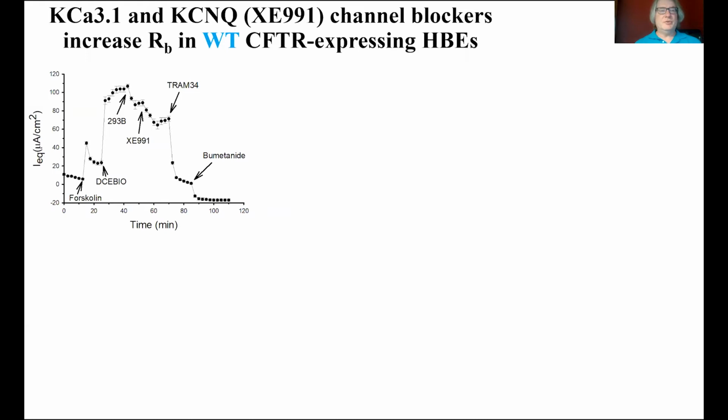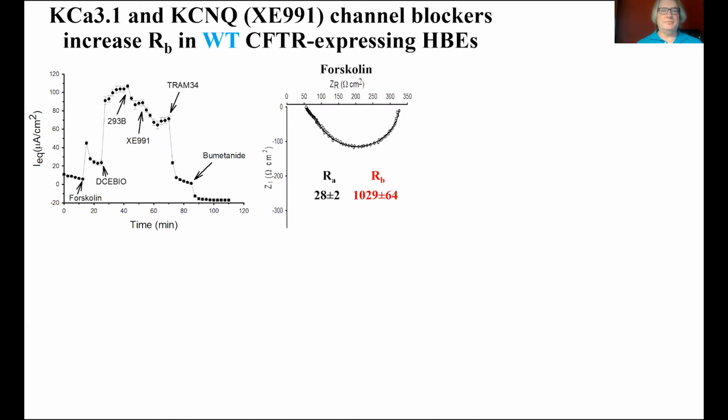As you can see, forskolin, of course, causes a nice increase in current as expected when added. Looking at our impedance spectra and fitting, we could see an apical membrane resistance of about 28 ohm centimeters squared and a basolateral resistance of approximately 1,000 ohm centimeters squared. When we then added DCEBIO, we got a large increase in current, as we previously demonstrated some 20 years ago.